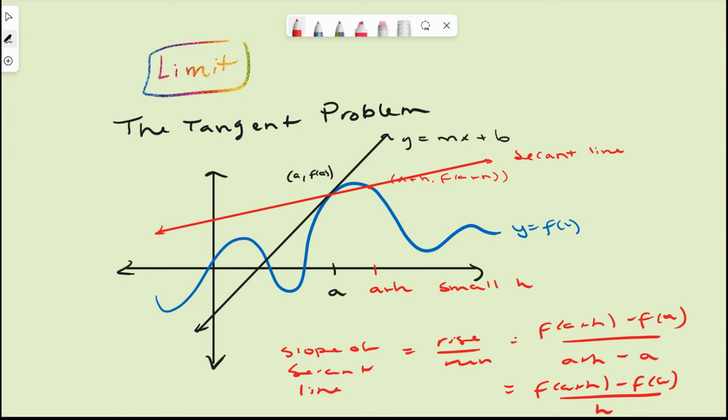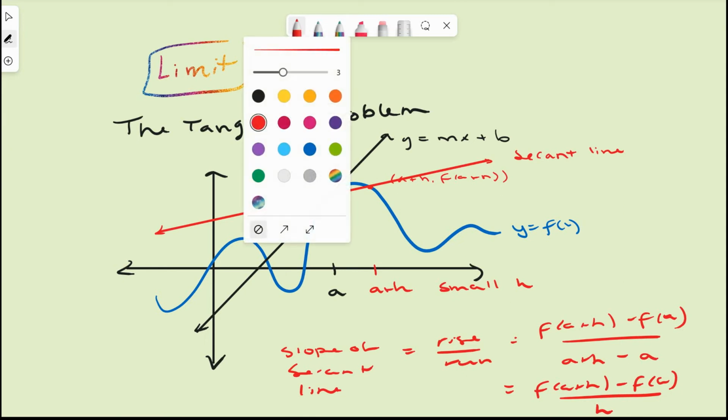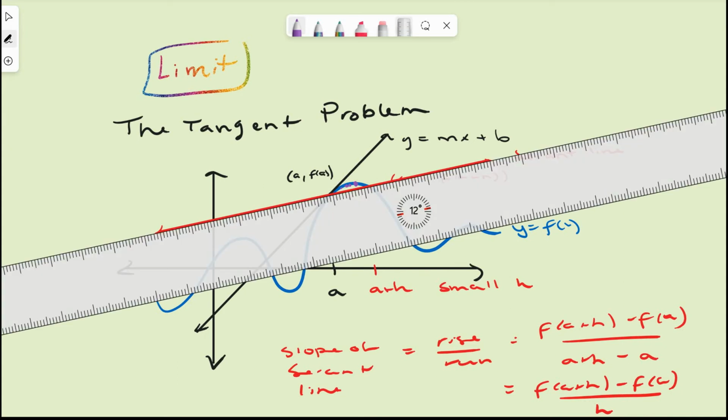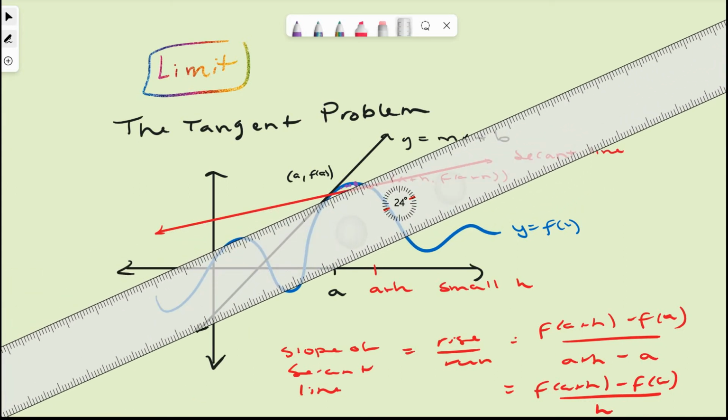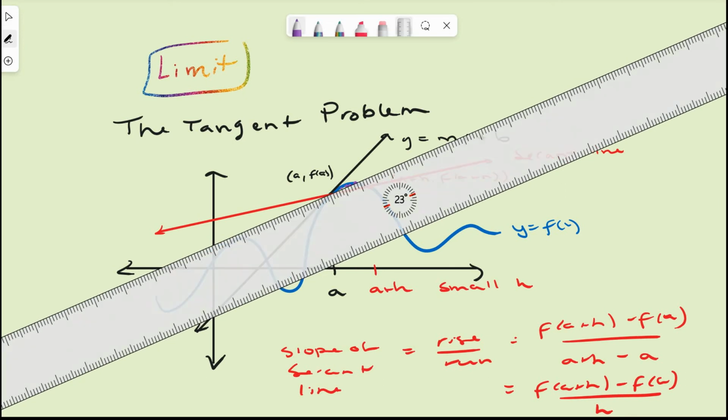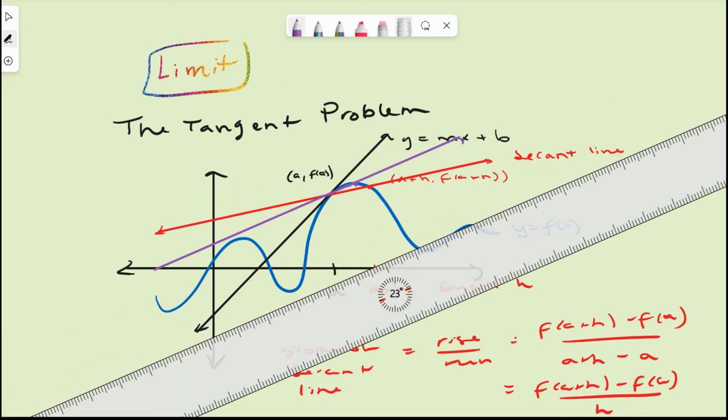So we can take another point, maybe using a different color here, slightly closer, and then maybe even closer than that. Keep taking points closer and you find that the slope of the line going through these two points is getting closer and closer to the slope of the tangent line.